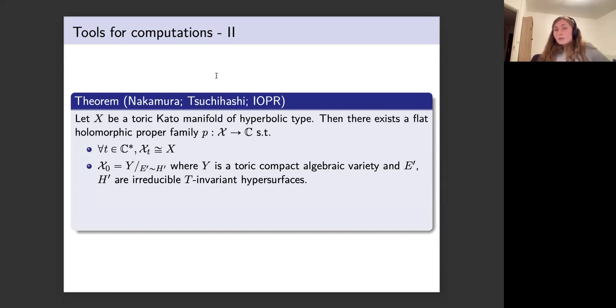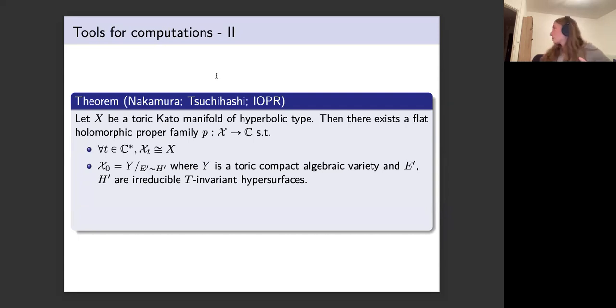which does the following. If you start from any toric Kato manifold of hyperbolic type, you can construct a family such that all the smooth fibers are biholomorphic to your given hyperbolic type Kato manifold, while the central one is a singular algebraic variety.